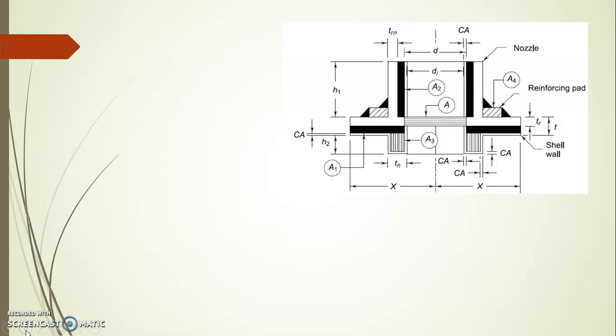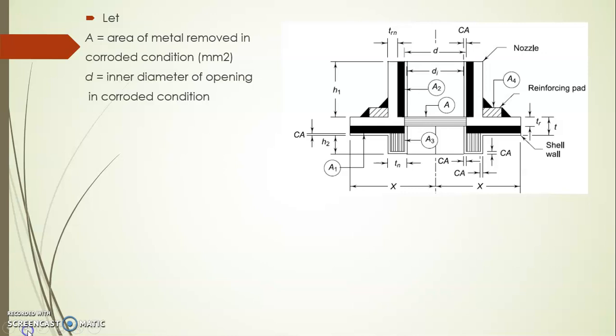Different areas are there: A1, A2, A3, A4, A. Therefore we will see the meaning of these different notations. Let capital A be the area of metal removed in corroded condition in mm square. Capital D is the inner diameter of the opening in corroded condition. Therefore small d is equal to di plus 2Ca in mm.